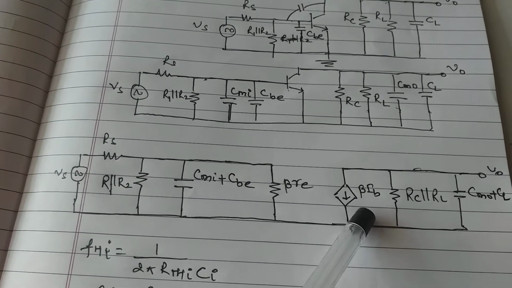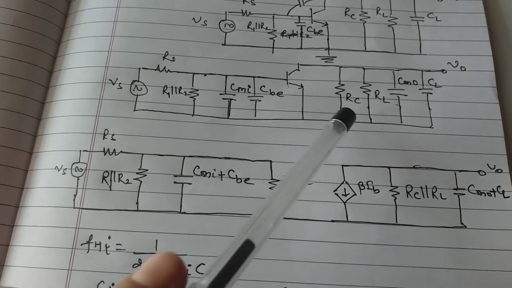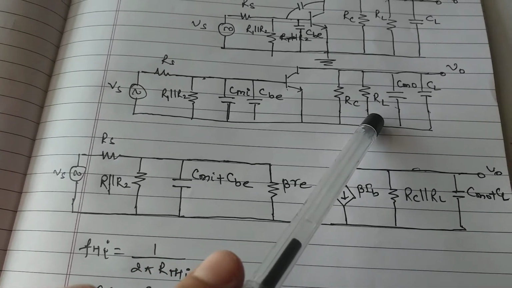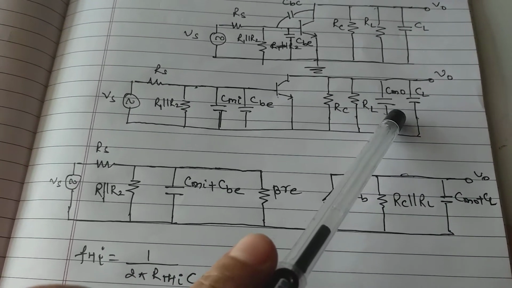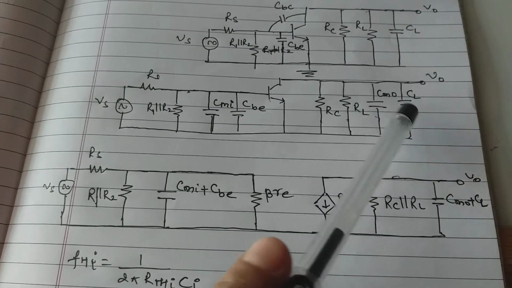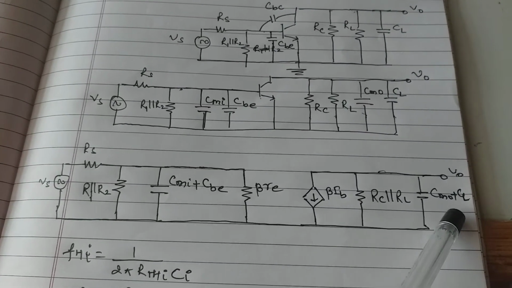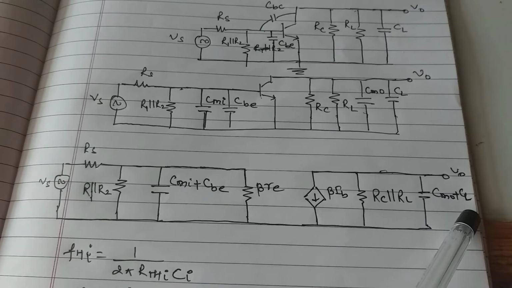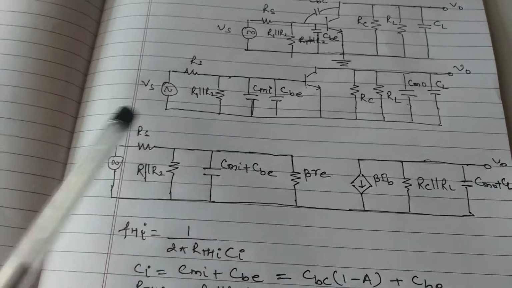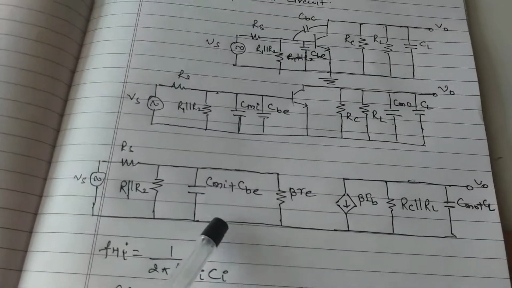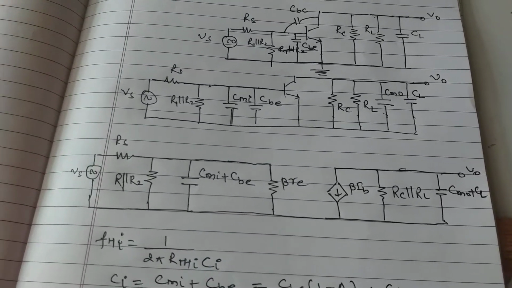Beta RE, beta IB, RC parallel RL, two resistances in parallel, CMO and CL are in parallel. So the equivalent capacitance will be CMO plus CL. So this is the final high frequency equivalent circuit of CE amplifier.